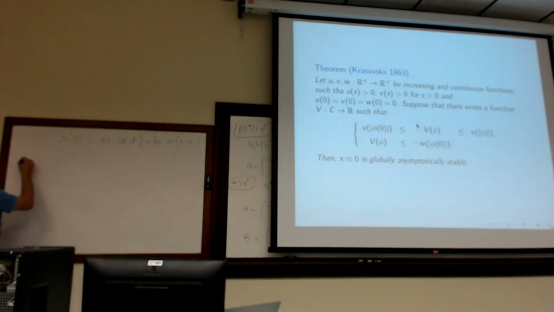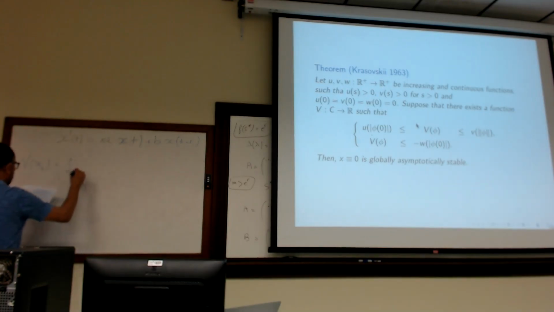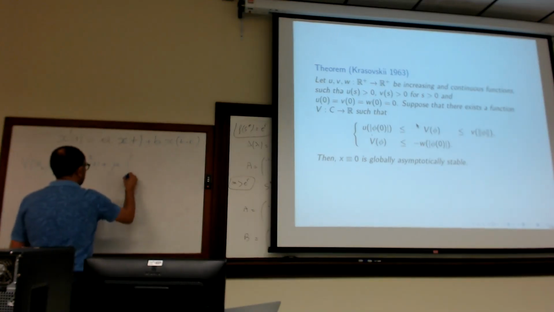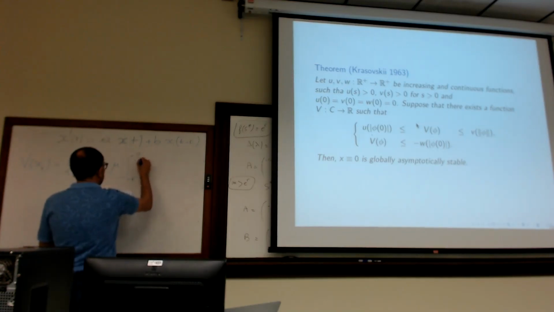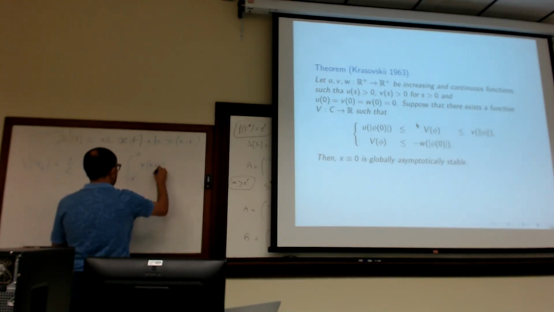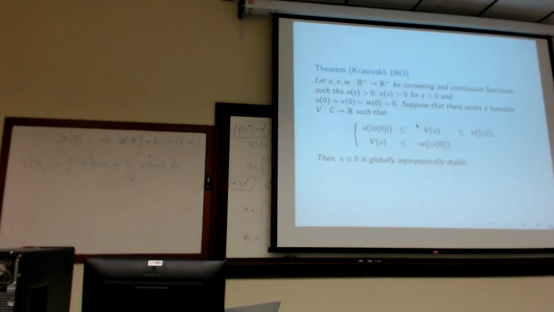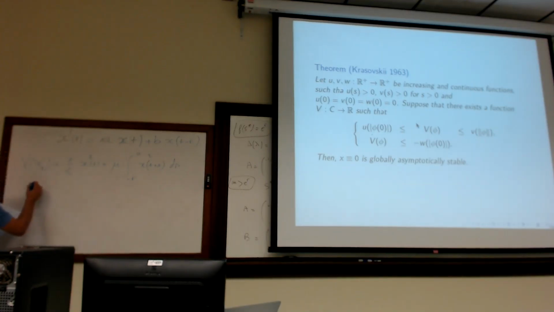And the Lyapunov function that we find is this one. You calculate the derivative and you put it on the solution, and mu is to find, and we find that mu has to be equal to b over 2.